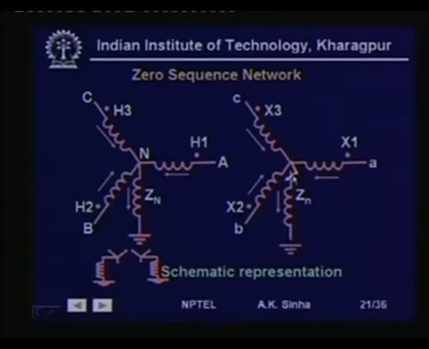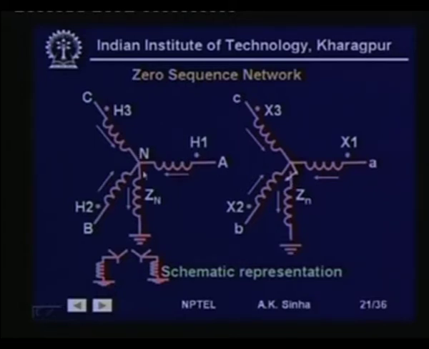Now, if the neutral is not connected, that is, neutral is not grounded through an impedance or without an impedance, then there is no return path available, which means this appears as an open circuit for the zero sequence currents. Whereas if the neutral is provided, all these currents will flow through this.